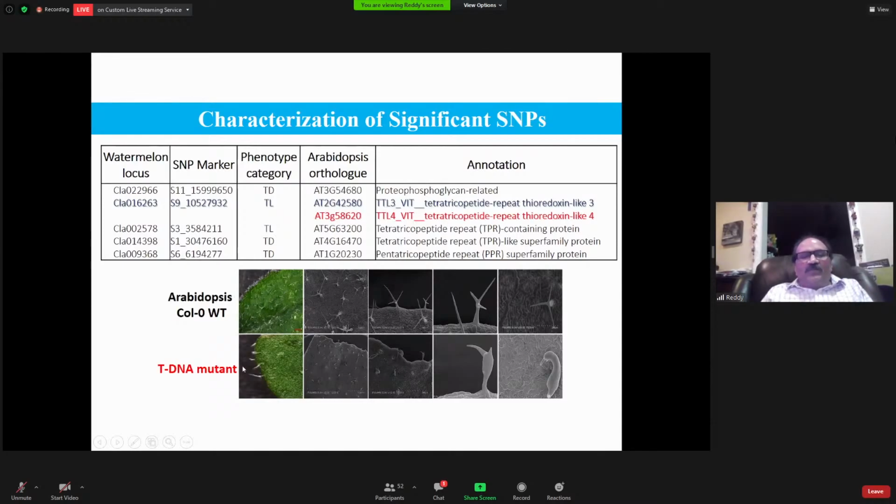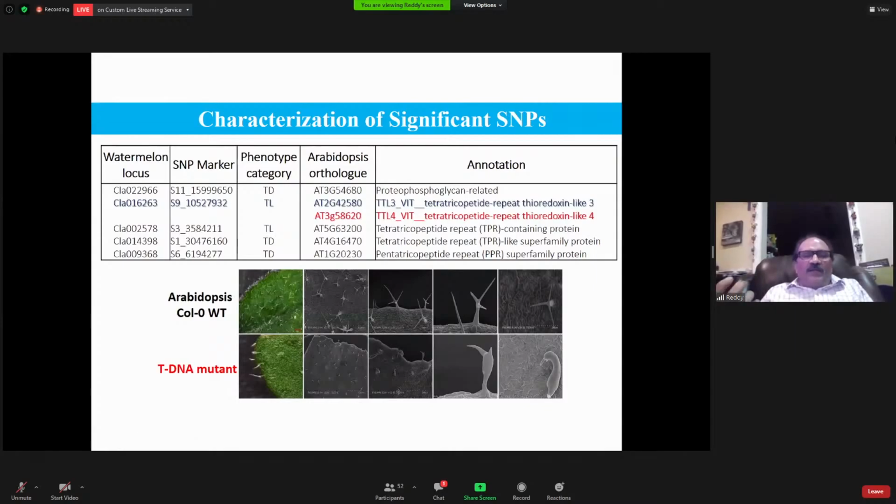In the mutant, once we silenced this particular gene, the trichome shape changed. You see, it is degenerated. It lost polarity, so the branches are degenerated. This kind of mutation happened because we knocked out this gene. So you see what happened here.